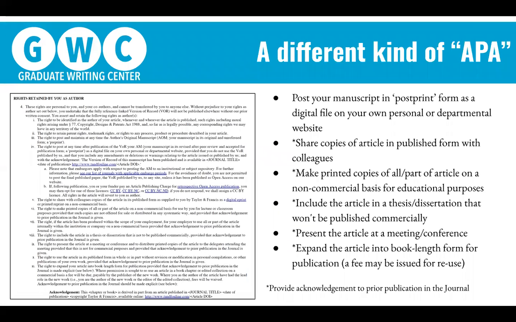Also provided that your thesis and dissertation doesn't end up becoming a book that you publish and benefit from financially. You're able to present the article at a meeting or a conference, and you're also able to expand your article into a book length form for publication.